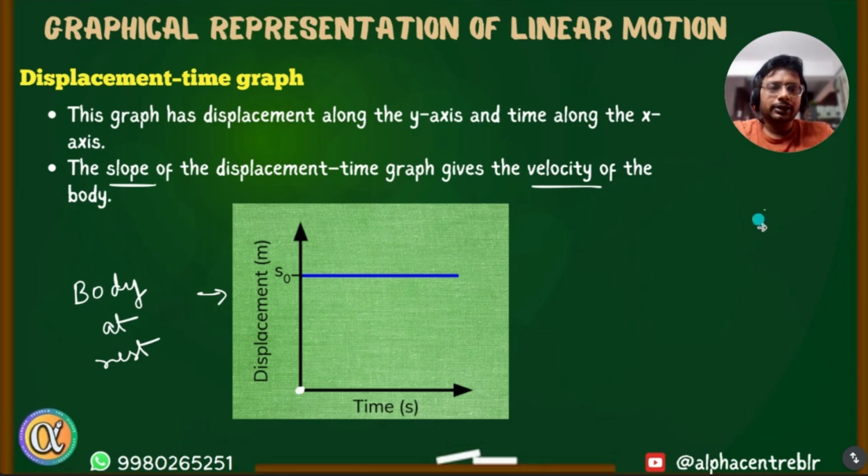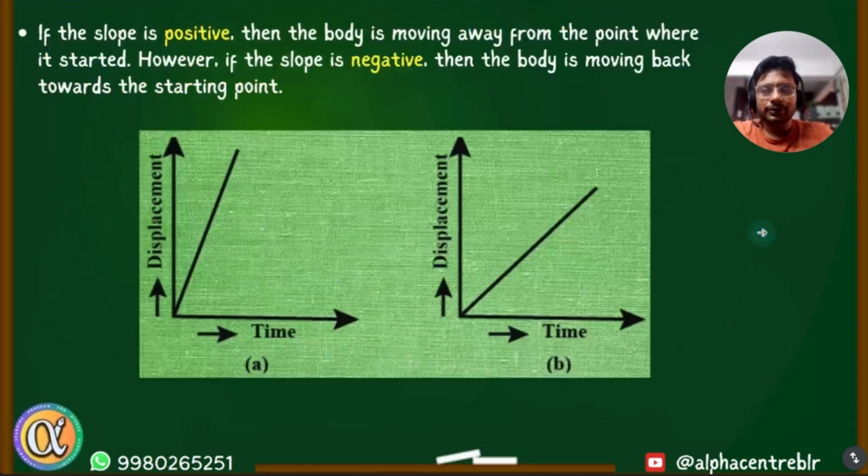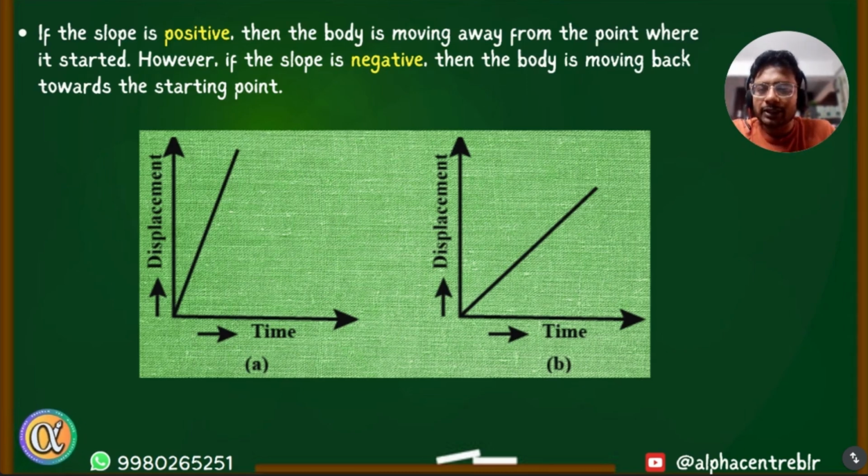Let's move ahead. Briefly, what do you mean by slope? Suppose the graph is moving in an upward direction. Here in the displacement time graph, can you see that with respect to time, displacement is increasing? Same even in this case, the displacement is increasing. These are representations of positive slope.